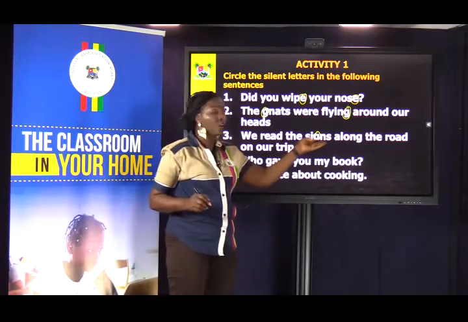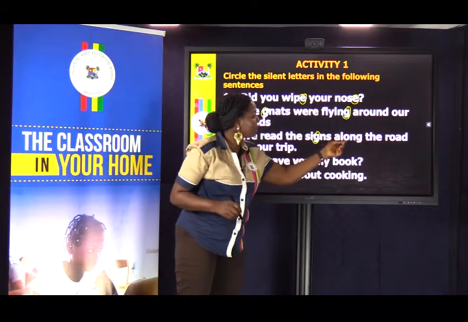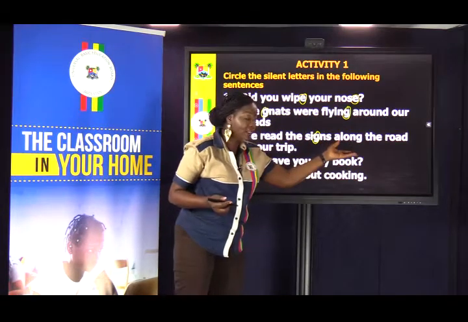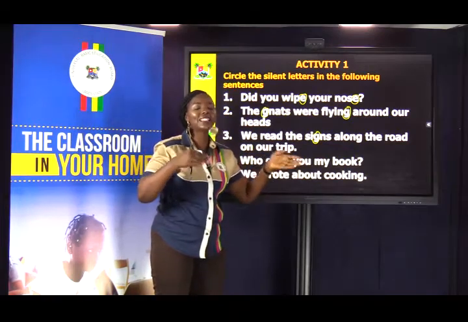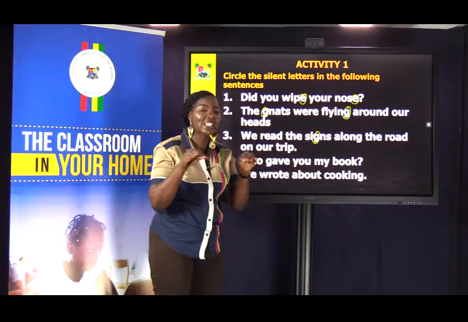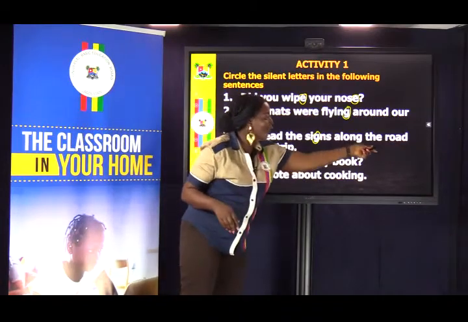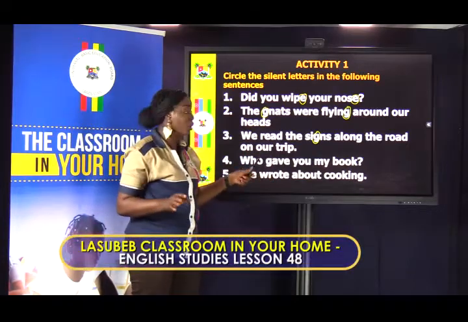Letter G follows or comes after letter N. Along, we can hear letter G there, right? That is why I said it is not all words that letter G is silent. There are some words you hear all the letters in that word clearly. Okay, the road, on our trip. Are we good to go?